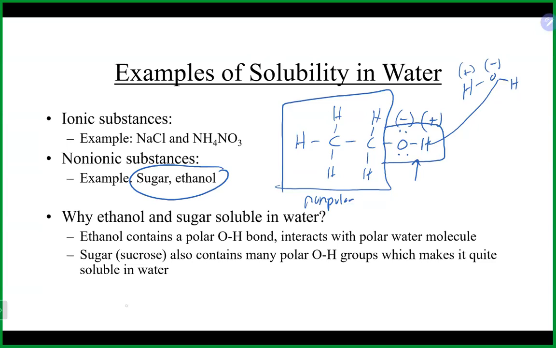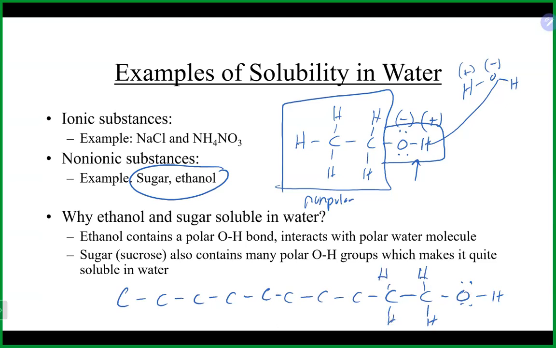But if you were to pile on the nonpolar part with a ton of carbons, and the rest of these, I won't draw them all, are basically just hydrogens all the way through on the carbon, this part here is now nonpolar. And we still have this little part here that's polar.